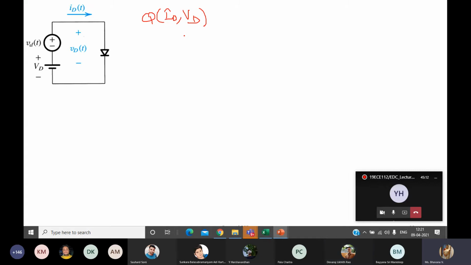Take down the next line. For this, first find the DC operating point, the Q point.